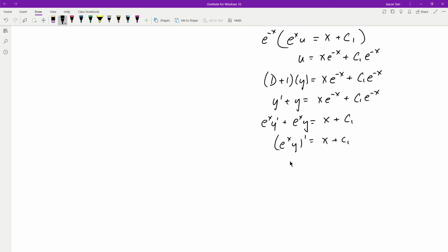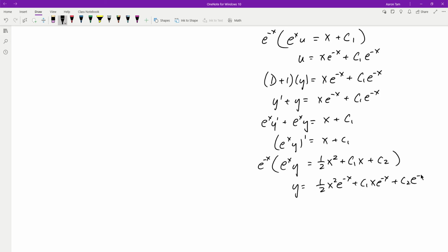And so if I integrate, it becomes e to the x y equal to 1/2 x squared plus c1 x plus c2. Now multiply everything by e to the negative x, and that gives me y equal to 1/2 x squared e to the negative x plus c1 x e to the negative x plus c2 e to the negative x.